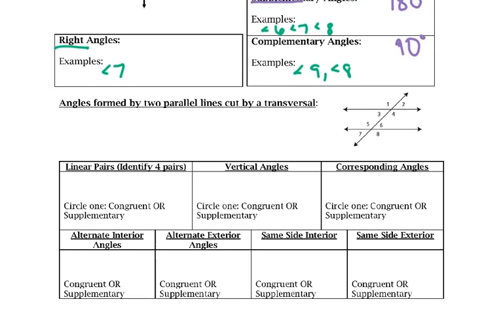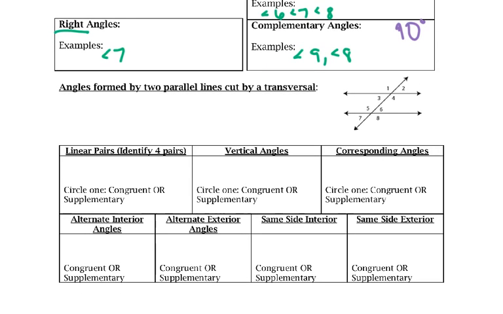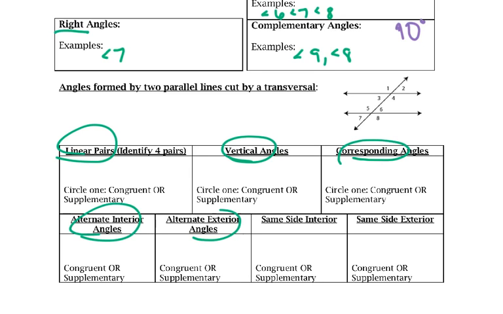Now the next one we're going to talk about is when you have parallel lines. Again, this is something that we did talk about last year. When you have two parallel lines cut by a transversal, it forms all of these angles, and it creates these different relationships. I want you to pause the video and go through and take each of these lists, and see if you can remember what they mean.